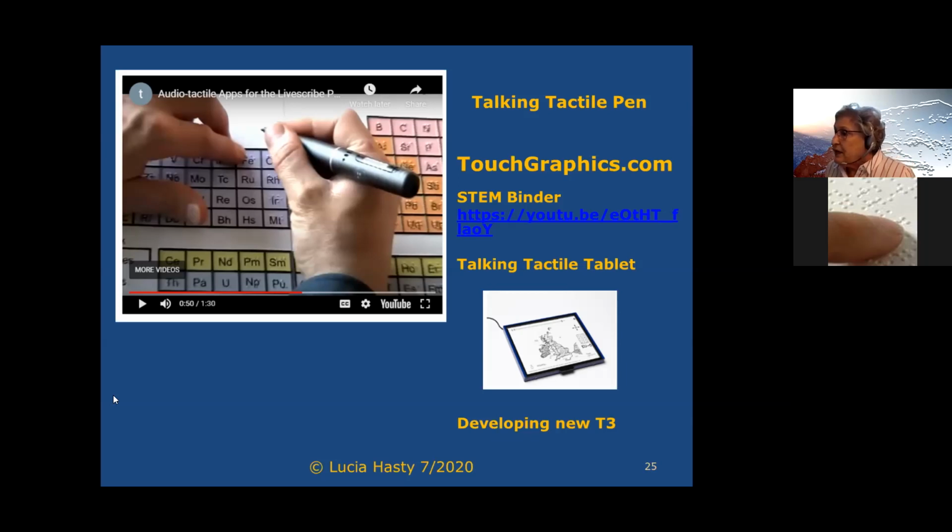STEM binder, there's a video about what's all in the STEM binder, and it's produced by Touch Graphics. They're also the company that made the Talking Tactile Tablet, which came out some years ago, and right now there's a new one in development. The Talking Tactile Tablet is an audio-tactile thing, and one of the things it has is a World Atlas.